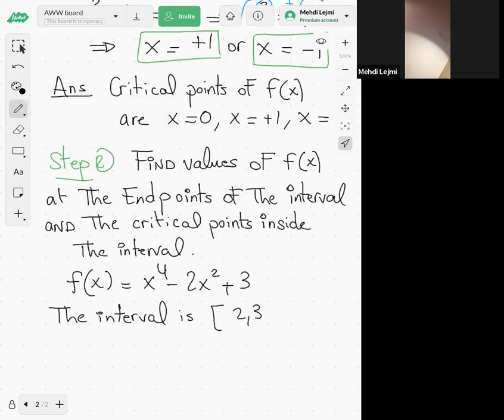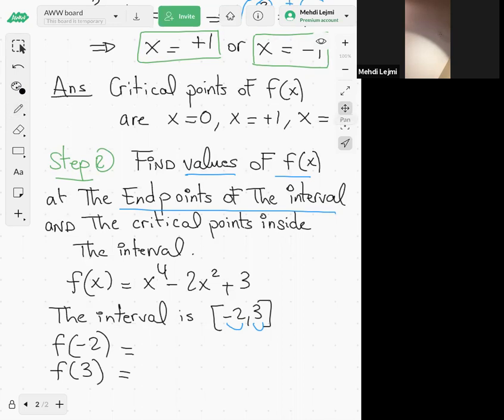So first I have to find the values of f of x at the endpoints of the interval, so it's -2 and positive 3. That's the endpoints of the interval. So I have to evaluate f of -2 and f of positive 3.